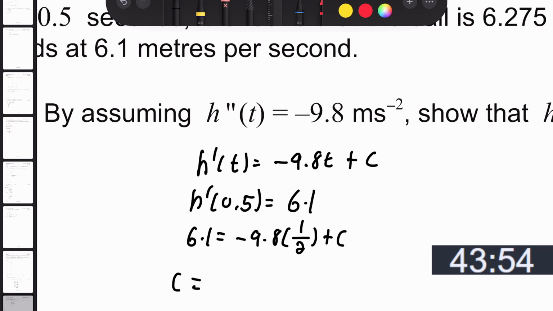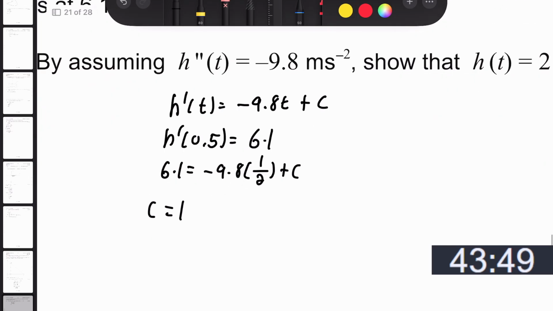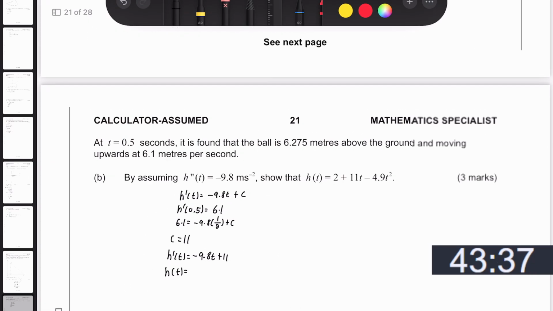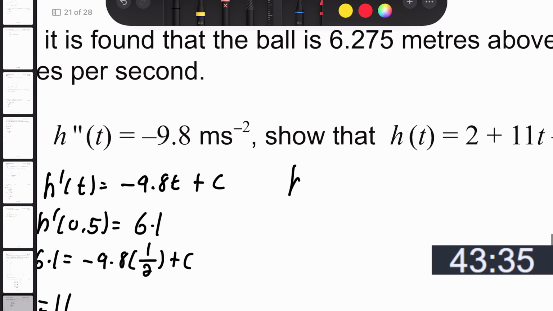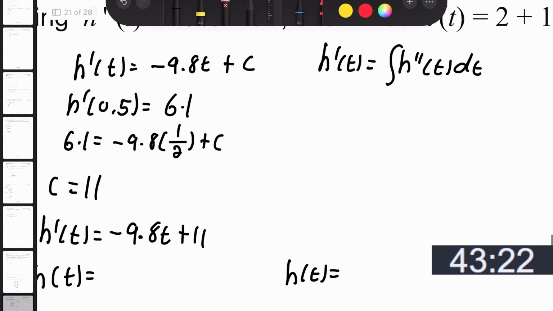So then c is going to be plus 4.9, so 11. So then h dash of t is negative 9.8t plus 11. And h of t is the antiderivative of h dash of t dt, so similarly h of t is equal to the antiderivative of the velocity.